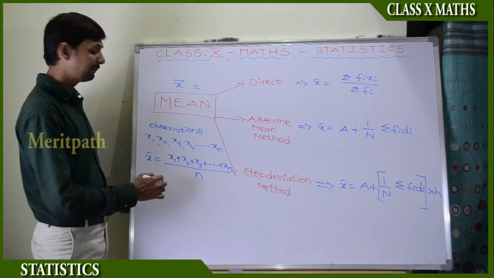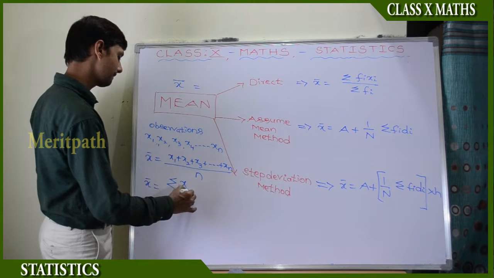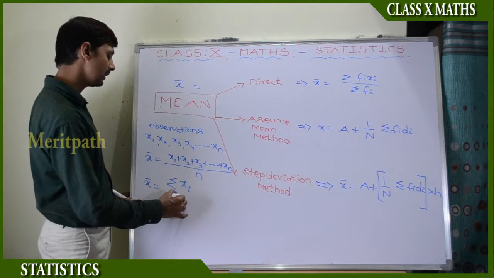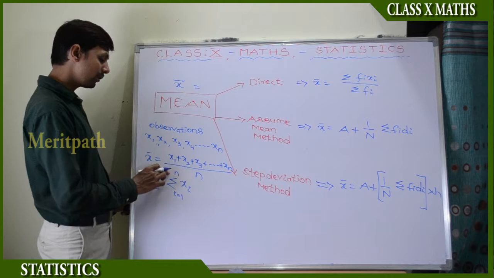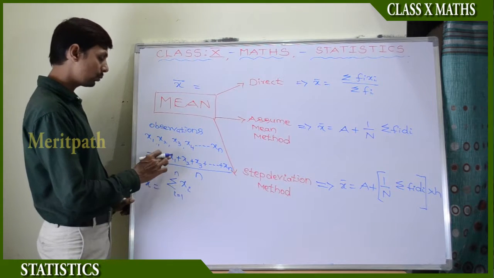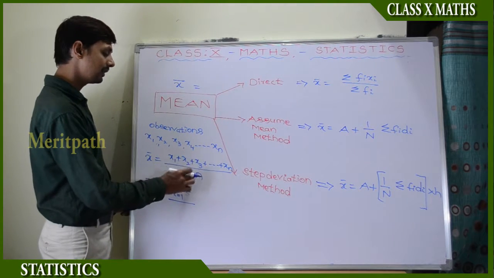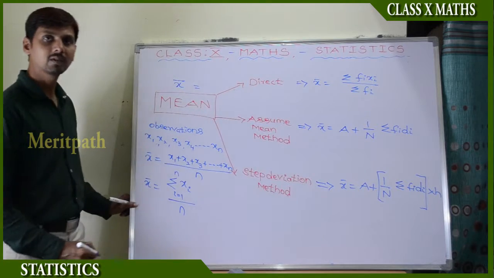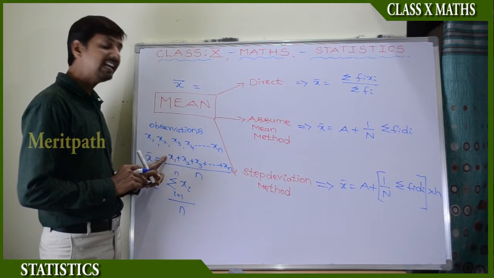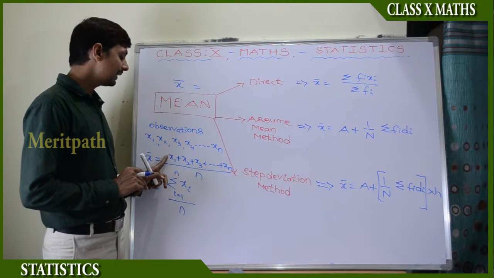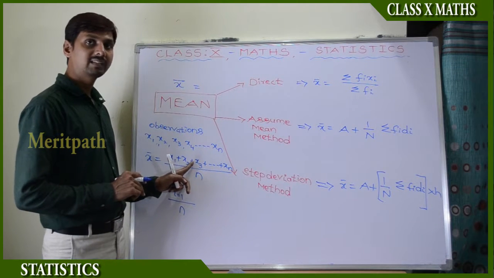This can be written with the sum represented by the symbol sigma xi, where i starts from 1 and ends with n, so i is equal to 1 to n, xi divided by the number of observations n. Here if any of the observations is repeating, we take it as f1x1, f2x2, f3x3 and so on.